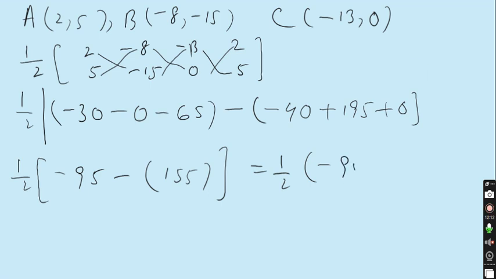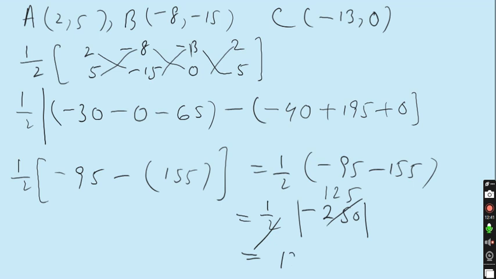Minus 95 minus 155 is minus 250, with absolute sign. Absolute means the area can never be negative. So the area is always positive. So half of 250 is 125 square unit, which is our final answer.